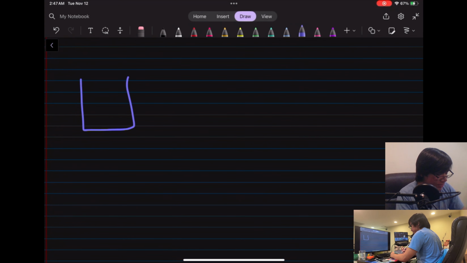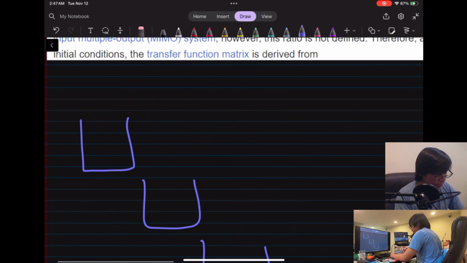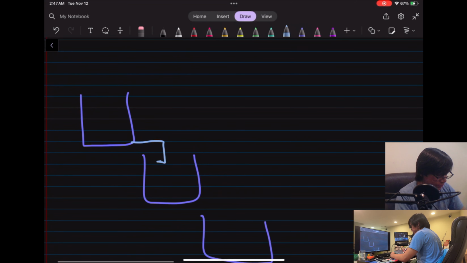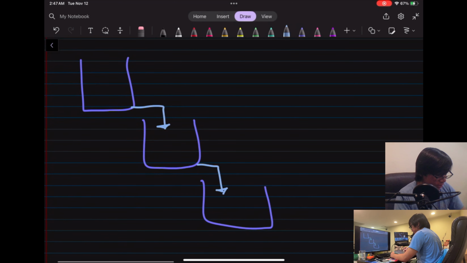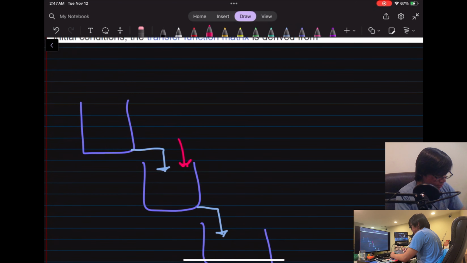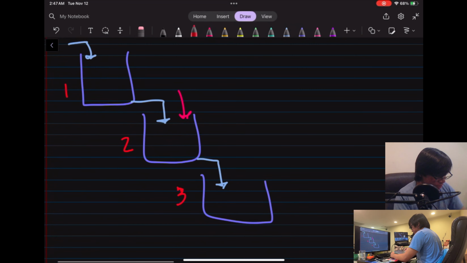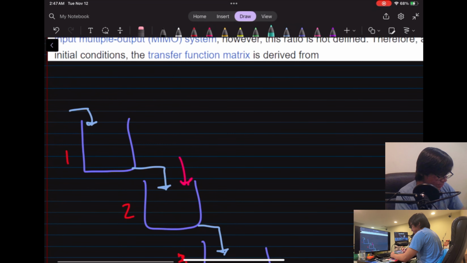So we have 3 tanks. Inlet flows going in. And I believe I said there was initial flow in the second tank. So this is 1, 2, 3. And then we have heights, height 1, height 2, height 3.